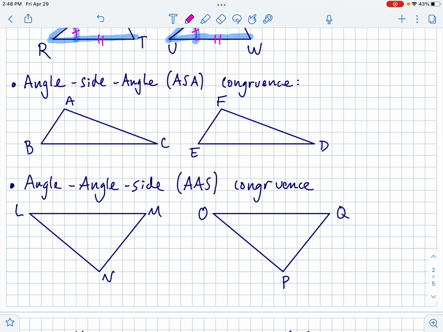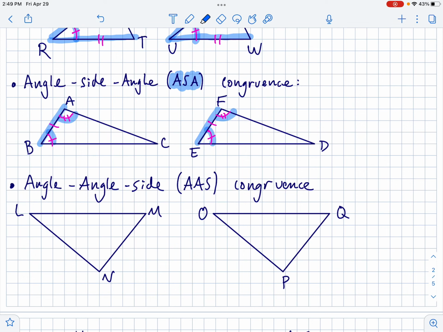There's two more triangle congruence shortcuts or postulates, whatever you want to call them. There's the angle-side-angle, which is the ASA. Now, if the last thing was an angle sandwich, this one is a side sandwich. What I mean by that is that if you have this angle, the same as this one, this side, the same as this one, and then this angle, the same as this one, notice that it's angle, side, angle.